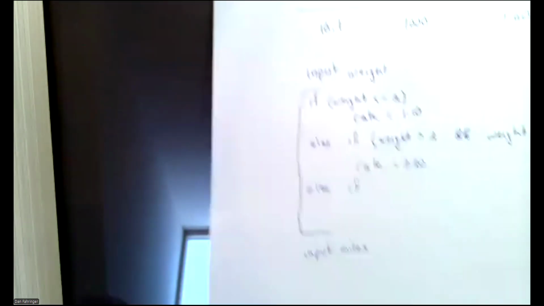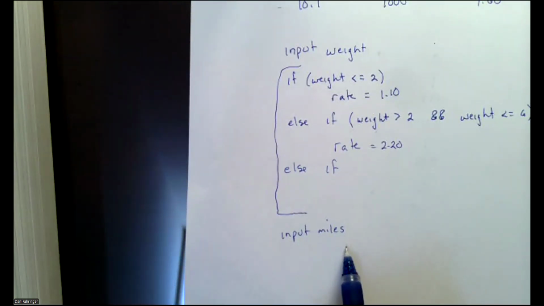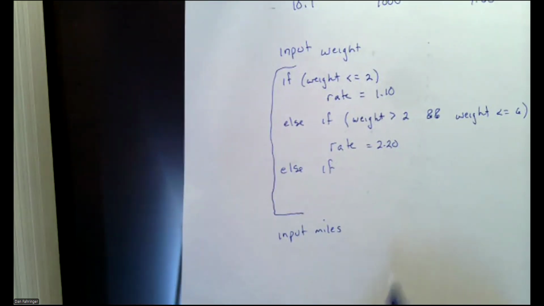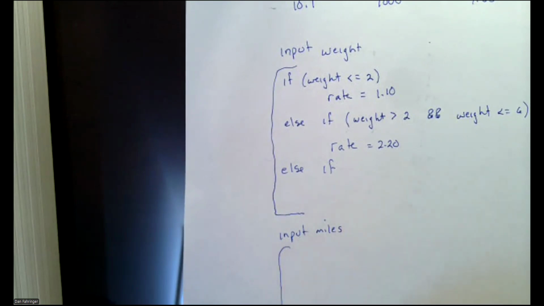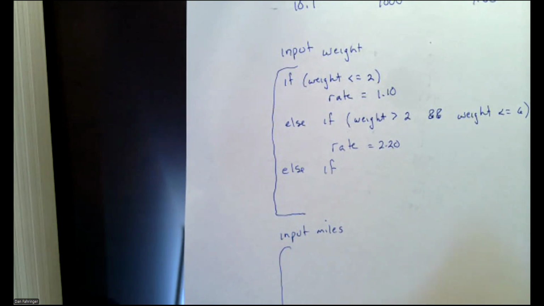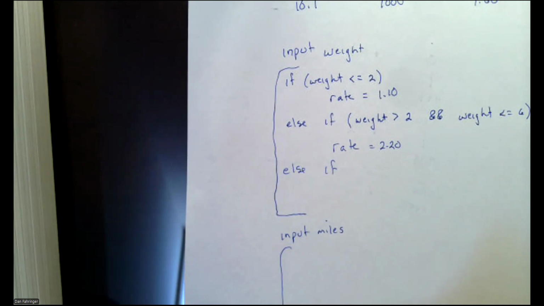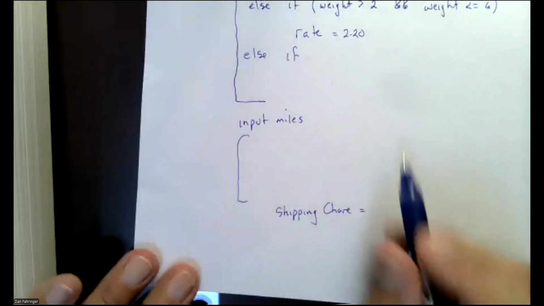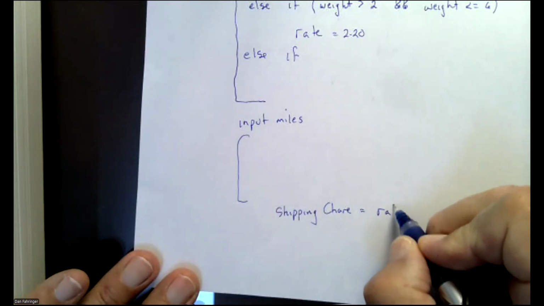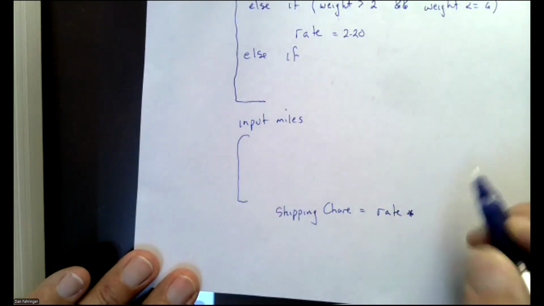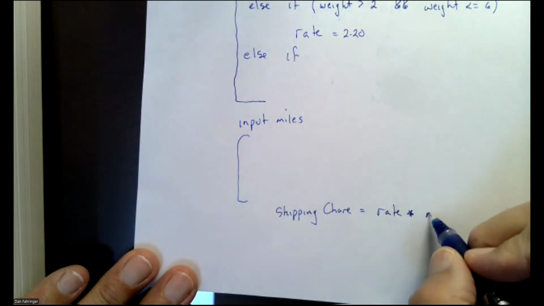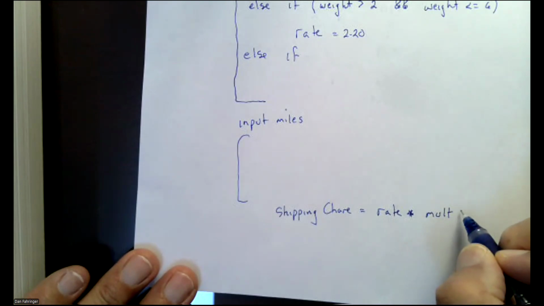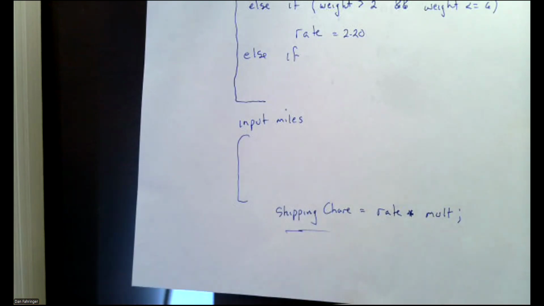So I input miles. Now I have some more work to do. And eventually I'm going to say shipping charge equals what came out of here? Rate times some kind of multiplier. That's my final answer.